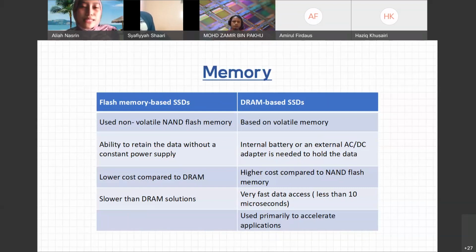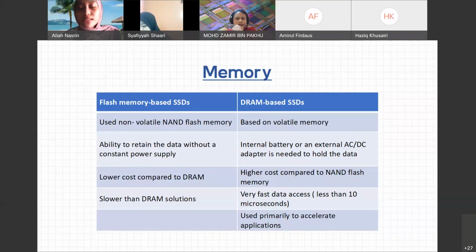For SSD based on volatile memory, which needs constant power in order to retain the data, such as DRAM, they are characterized by very fast data access, generally less than 10 microseconds. It is also used primarily to accelerate applications that would otherwise be held back by the latency of flash SSD.